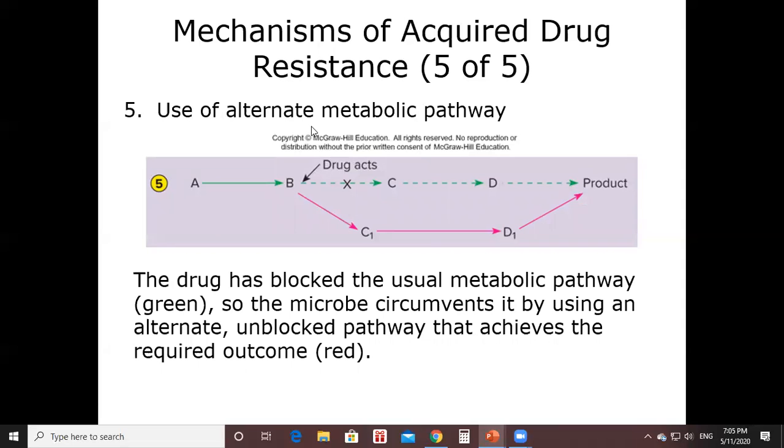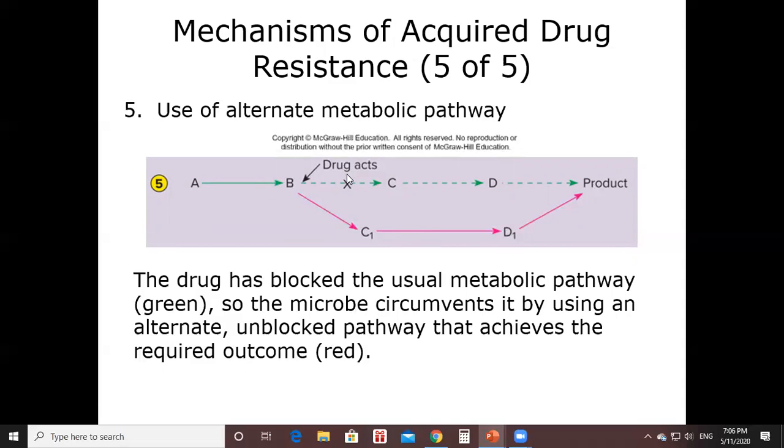And then alternate use of alternate metabolic pathway. Let's say a drug will affect this pathway, so the drug stops this from happening in order to get the product inside of the bacteria. Well, some bacteria have found a way, when a drug comes and the sequence metabolic pathway is blocked, to bypass that step and go to other intermediates to produce the product.